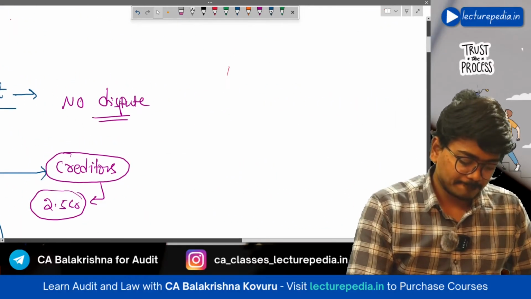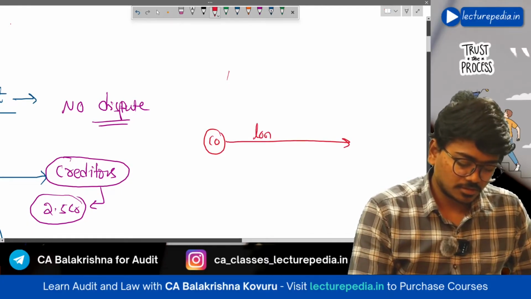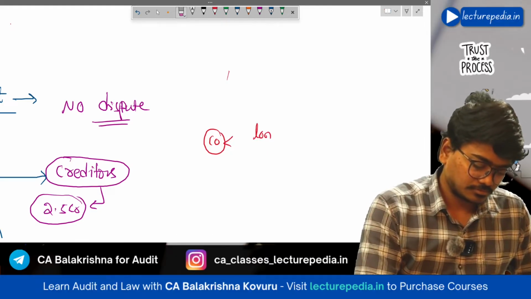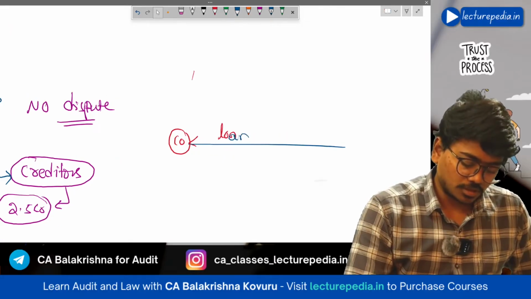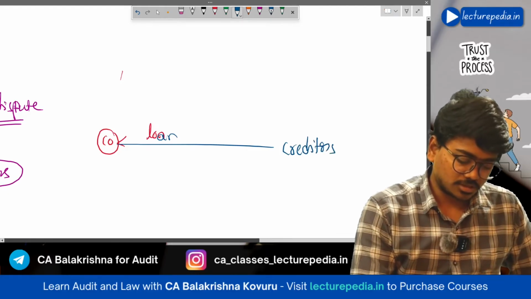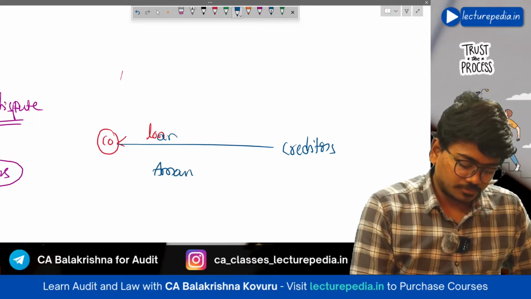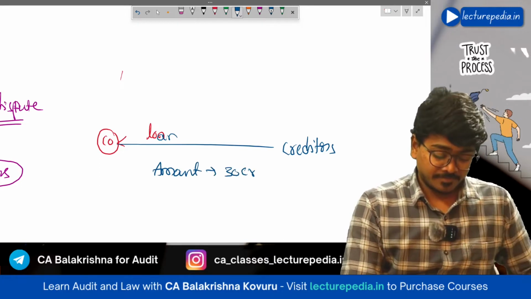Let's say a company has taken a loan from creditors. The amount of the loan is 30 crores.